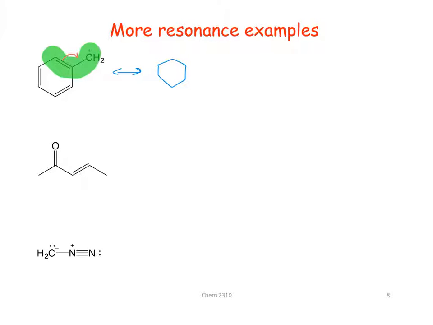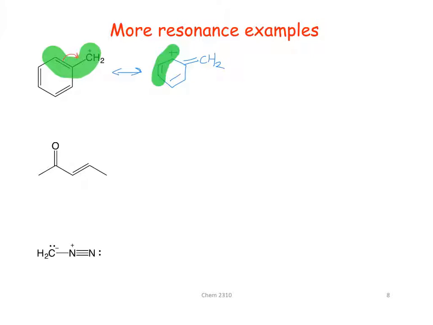and draw our product. All right, so we now have a double bond going to the CH2 group, and our plus is here. An interesting thing about this structure is that now we also have another plus next to a pi bond, so we can do the same type of resonance again.